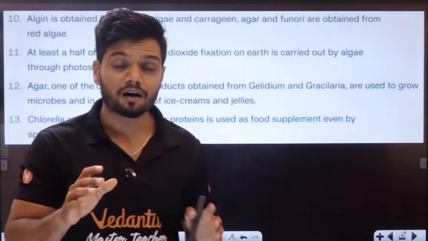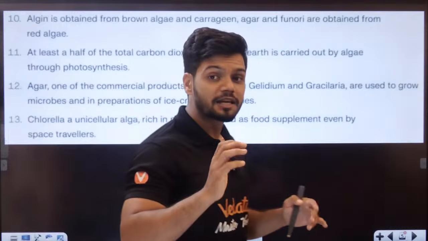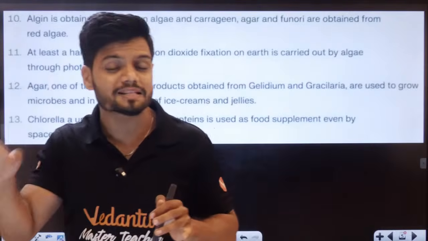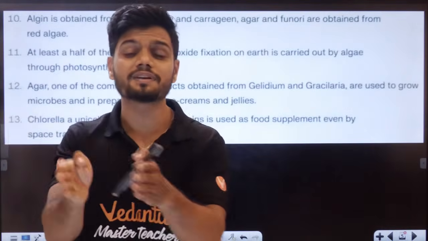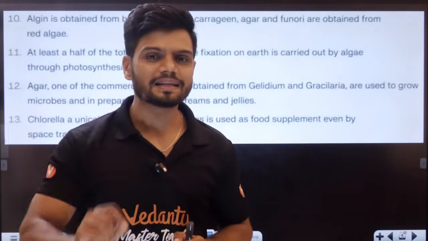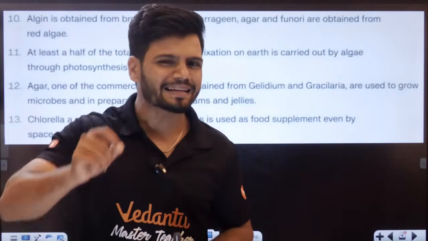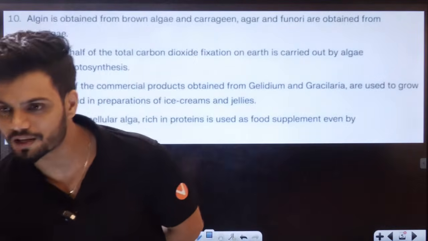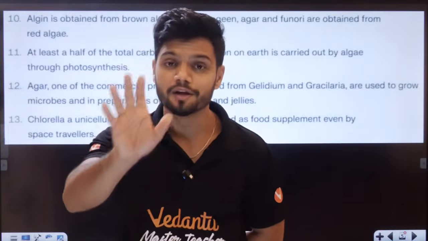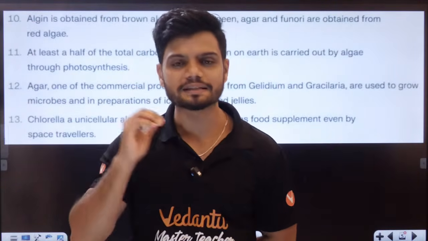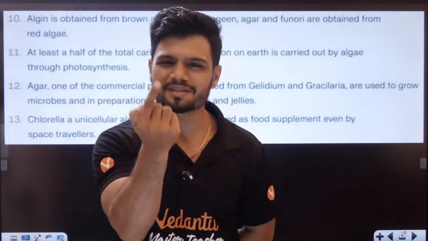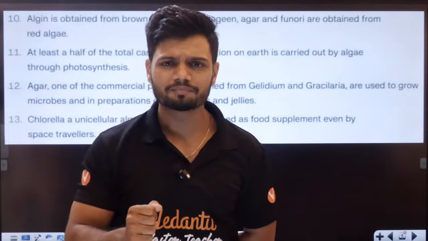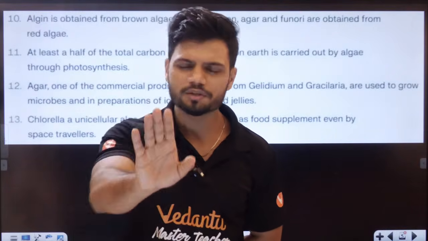Is the algae red in color, brown, or green? On the basis of each pigment we have divided the different classes of algae. The red algae is called Rhodophyceae. The green algae is called Chlorophyceae. The brown algae is called Phaeophyceae. You do not need a mnemonic for this, students, it is very easy. Why a mnemonic for each example? Ulothrix, Spirogyra, Volvox, Volvox and Fucus. You don't need mnemonics for small things.